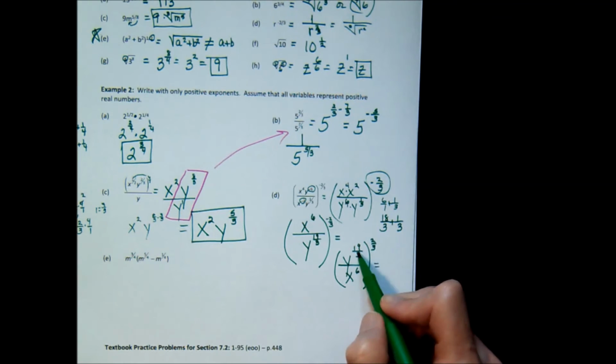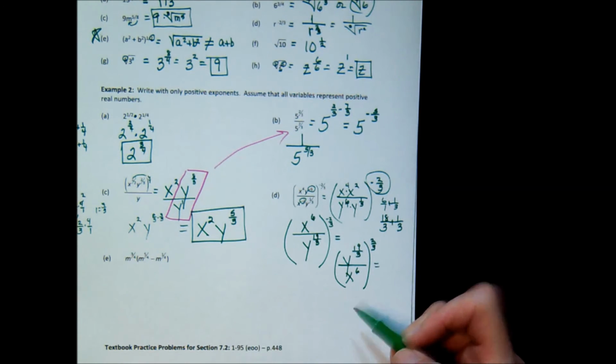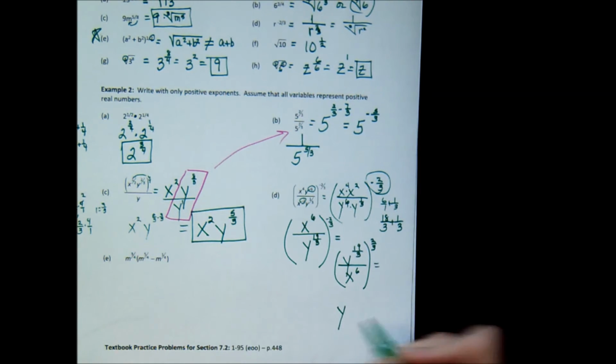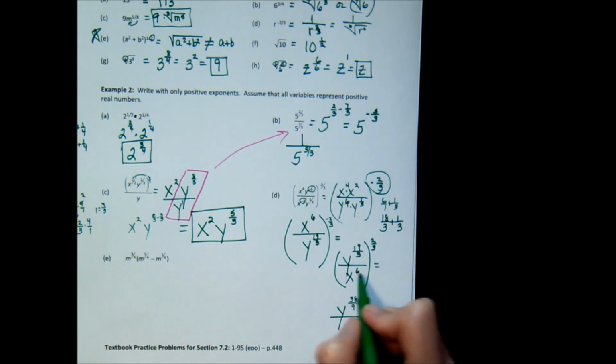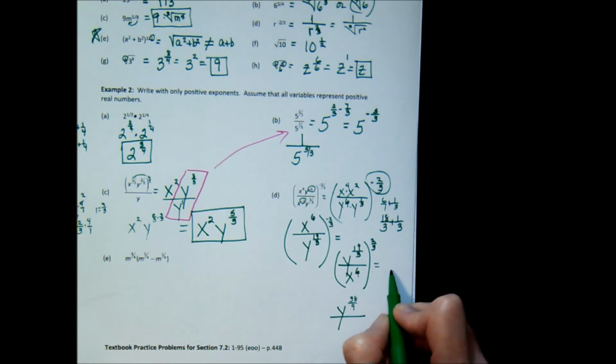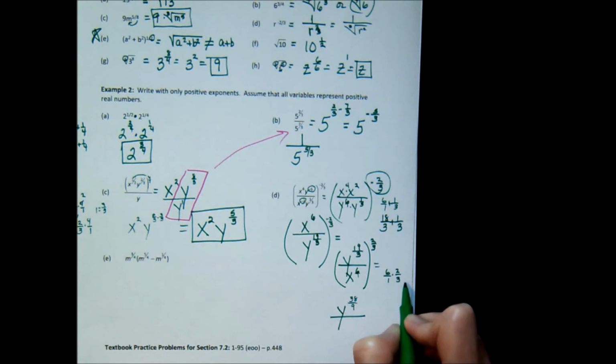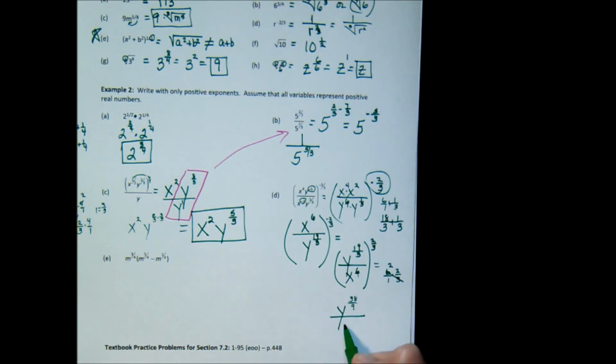Outside exponents indicate multiplication, so that's going to give us y to the 38/9 over, this is going to be x to the 6 over 1 times 2/3. Thirds, I can cross cancel, x to the fourth. That was a difficult problem because of all the things you had to be aware of in that problem.